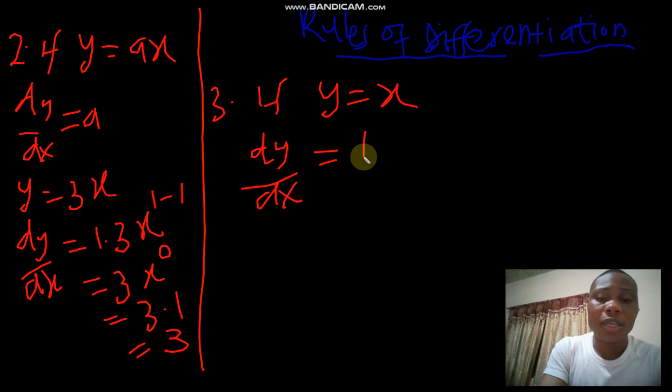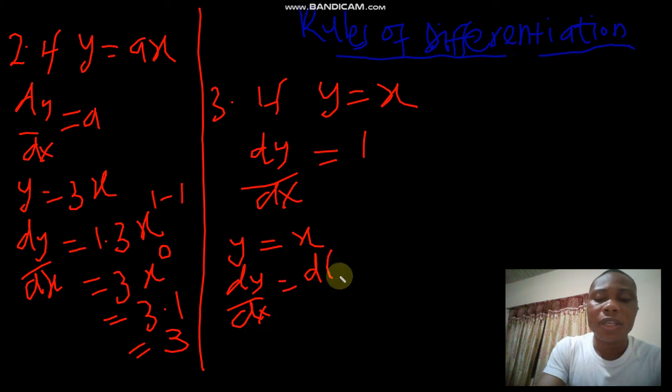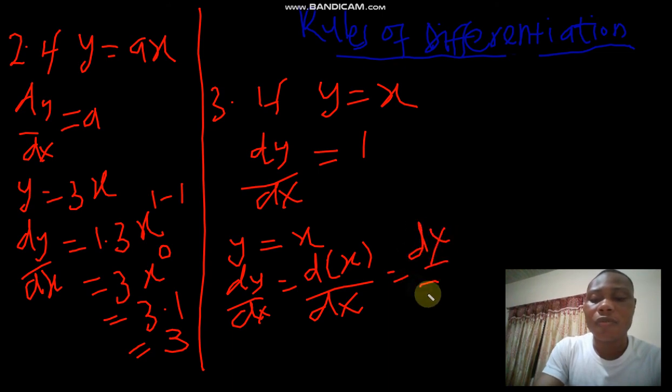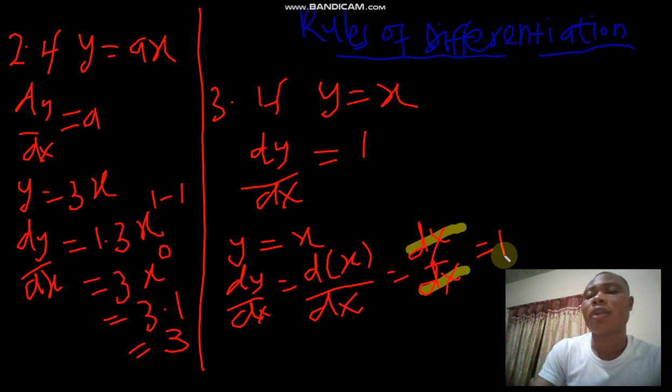For example, if I have y equal to x, it means that dy/dx is equal to, I'm differentiating the function x with respect to x, which is the same thing as dx over dx. Then this can cancel this, and I'll be left with 1. So that is it.